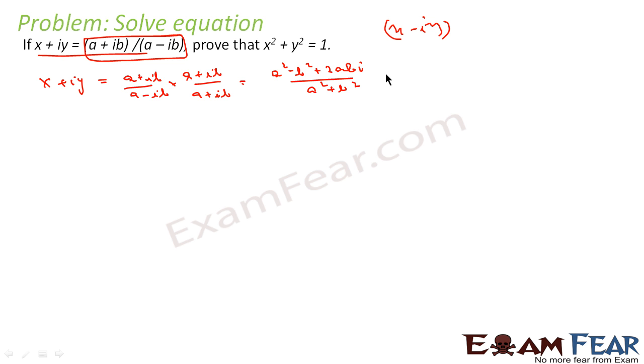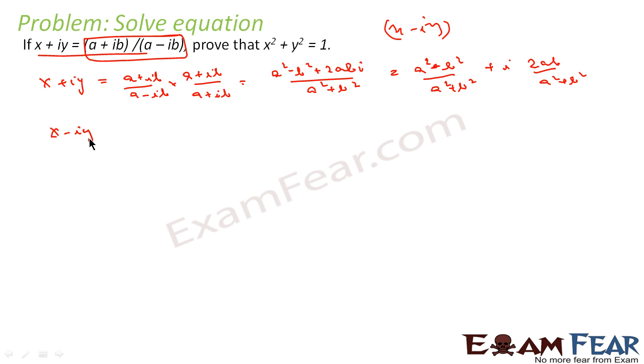Correct? So if you solve this, this becomes a square minus b square by a square plus b square plus i into 2ab by a square plus b square. So this is of the form p plus qi.